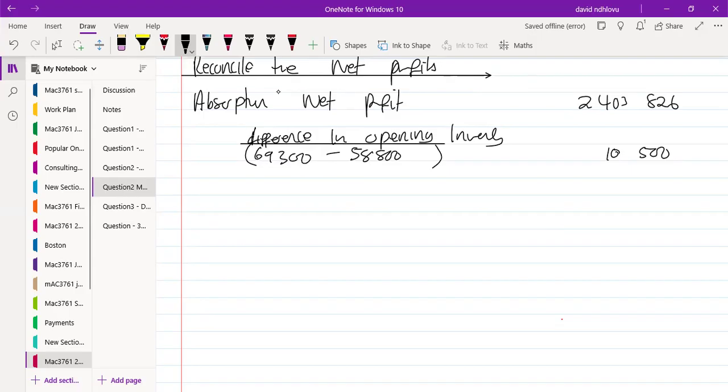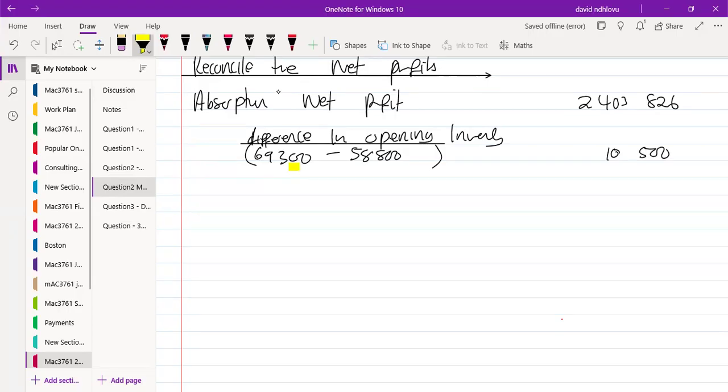Now you have to understand the impact on profitability of opening inventory. Opening inventory by nature increases cost of sales. When you increase cost of sales, then you reduce net profit. So the fact that in absorption costing we have got a bigger amount of opening inventory, it means that our net profit was deducted by an extra 10,500, which is not there in variable costing.